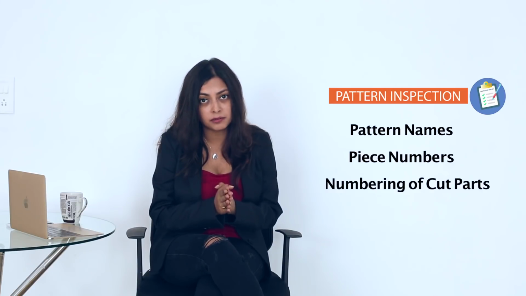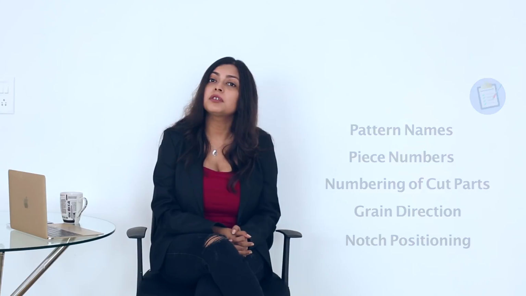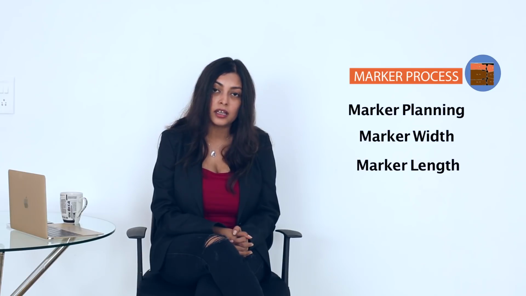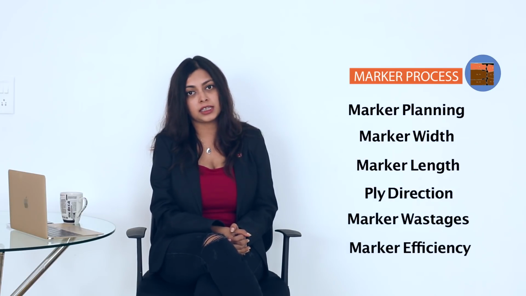Pattern inspection is generally done by a pattern expert, and they check for pattern names, piece numbers, numbering of cut parts, grain direction, and notch positioning. These parameters ensure that there are no mistakes during the production process. The marker process is observed for marker planning, marker width, marker length, ply direction, marker wastage, and marker efficiency.